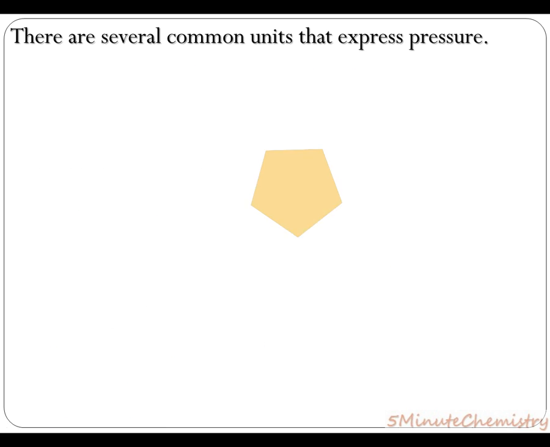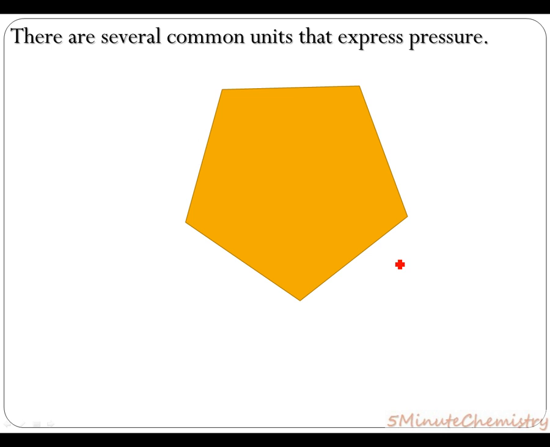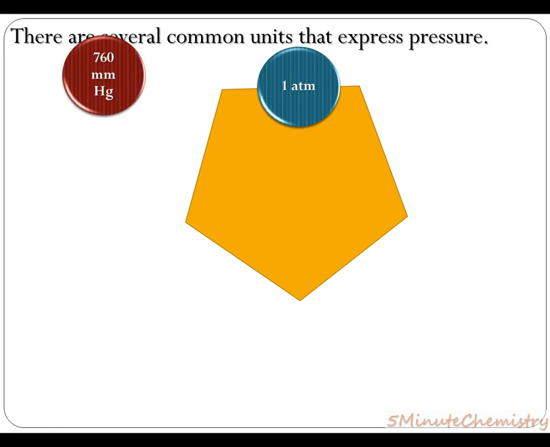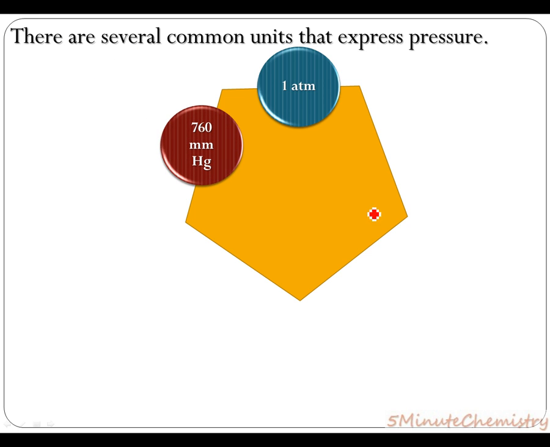Okay, now I'm going to ask that you take a second, work out... Sorry, real quick, there are several common units that express pressure. The first is known as the atmosphere. A single atmosphere of pressure is equivalent to 760 millimeters of mercury.